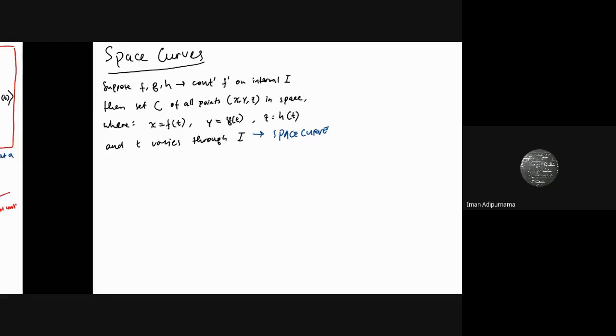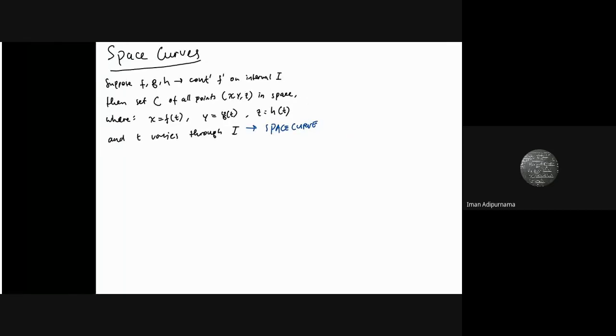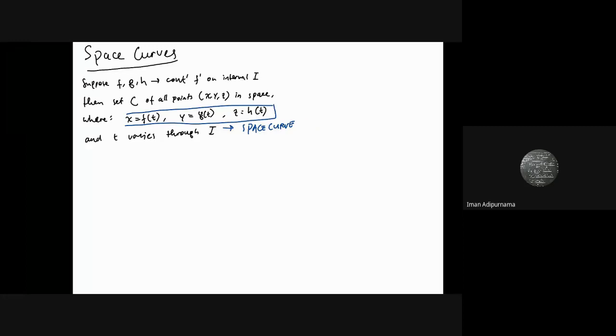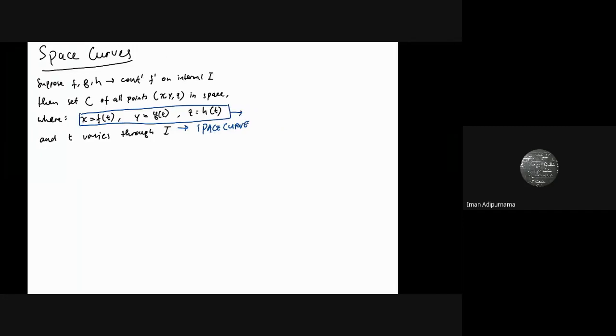These equations for x, y, z are the parametric equations of C, and t is our parameter.